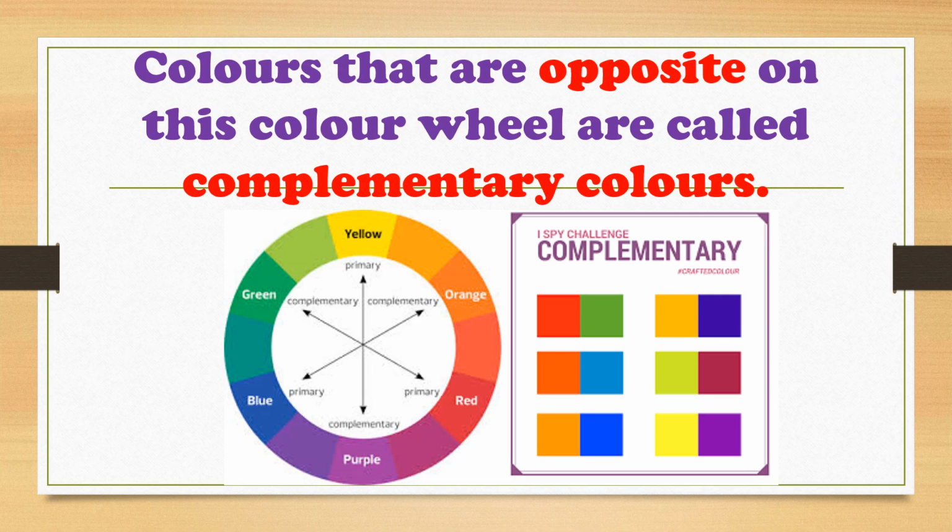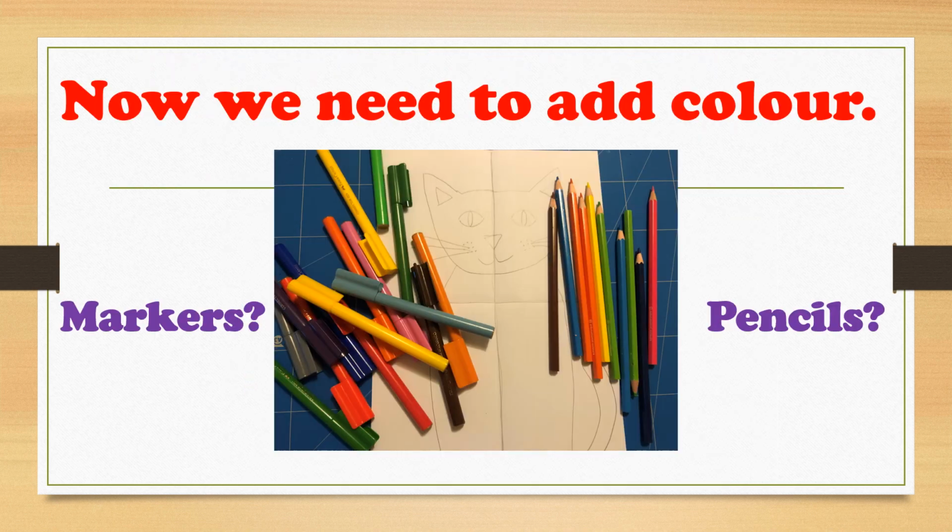So you can see the arrows that point at the complementary colours. There's an arrow going from yellow to purple. Those 2 are complementary. There's an arrow going from blue to orange. They are complementary. There's an arrow going from green to red. They are complementary. So colours that sit opposite each other.